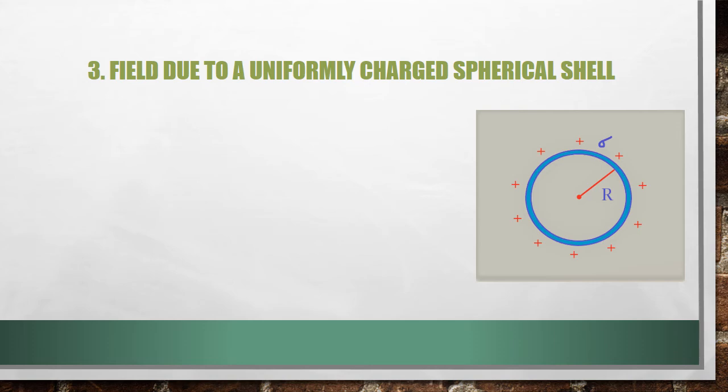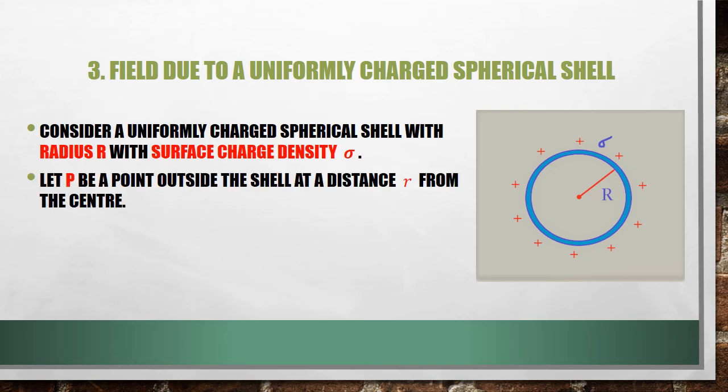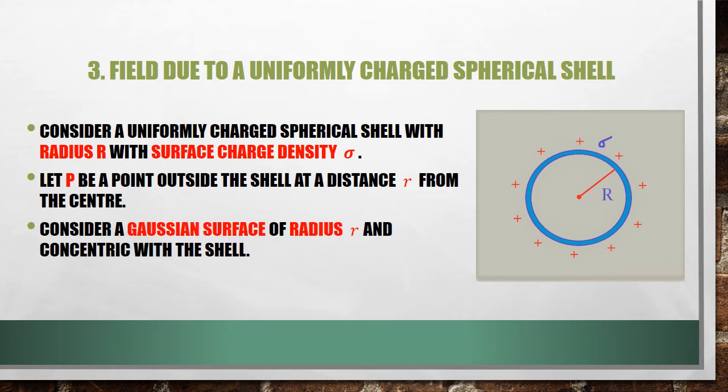Now we are coming to the third application of Gauss's theorem. The field due to a uniformly charged spherical shell. Please refer to the diagram. Consider a uniformly charged spherical shell of radius R with a surface charge density sigma. Let P be a point outside the shell at a distance small r from the center.